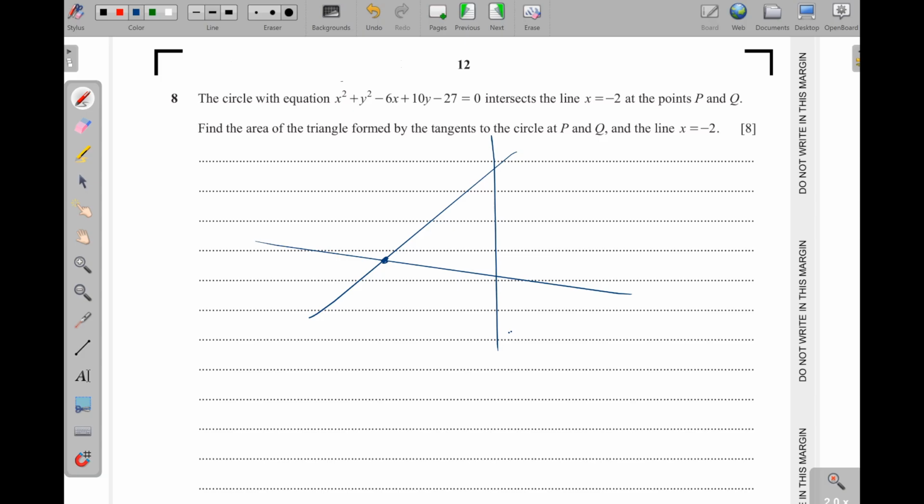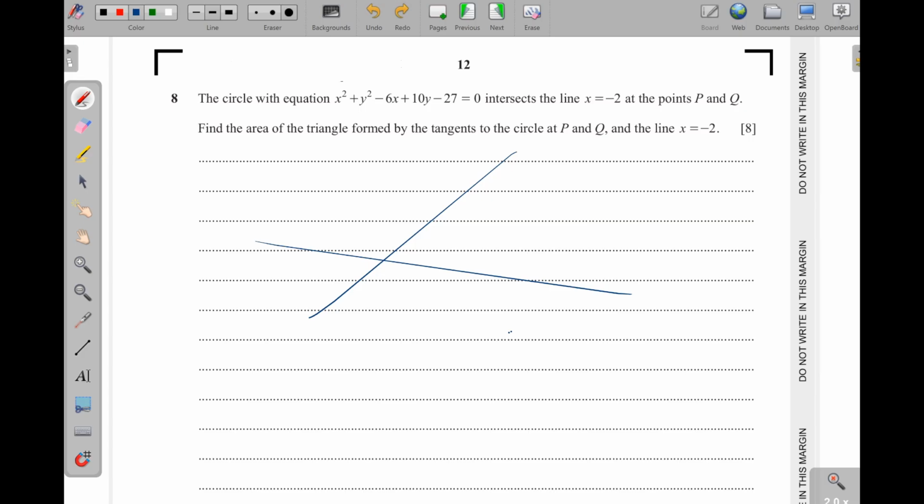So we need to find the point of intersection of these two equations. Now this one will give us, for example, the height of this triangle, and this is x is equal to negative 2.